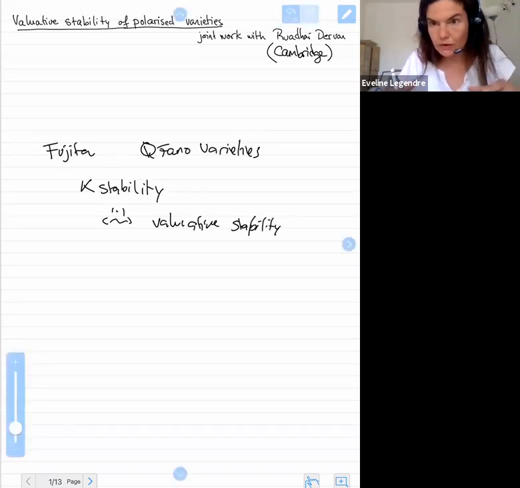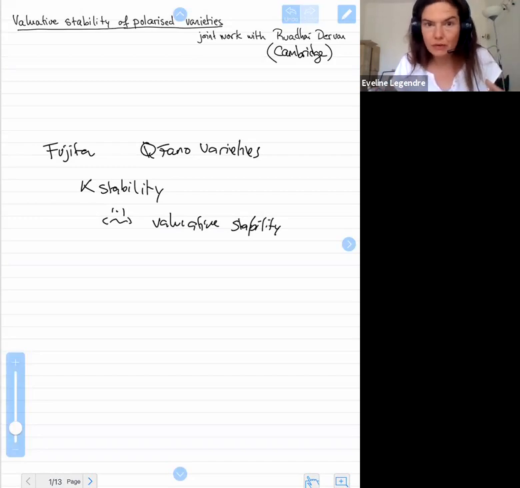So the first part of my talk will be just to describe these two notions, K-stability and evaluative stability, in an easier way.